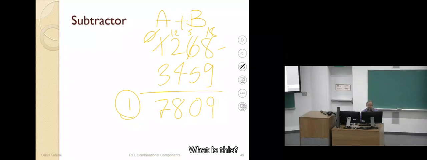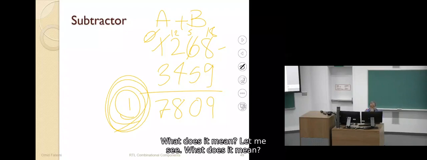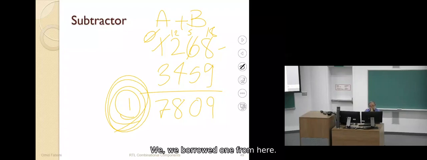And we have some kind of, what is this number? Do you know what is this number? 1,268 minus 3,459. How come it becomes 7,800? Complement. How do we do that? This borrow means that something is wrong. It couldn't be there. So what does it mean? So we borrowed 1 from here.